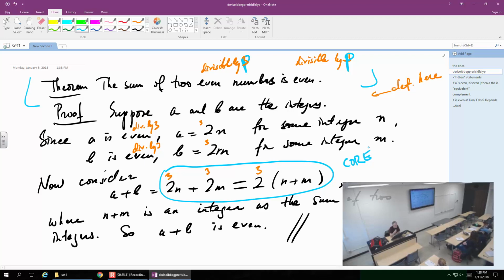Let me be correct here: if B is odd, it will be 2m plus 1. Now you see what's going to happen then. A plus B will be 2n plus 2m plus 1 plus 1. Let me erase this.